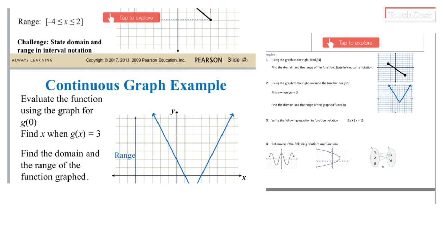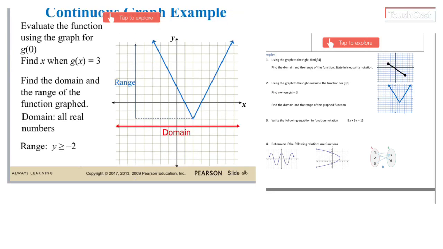So go ahead and try that now. I'm going to scroll up now so that you can check your work. So you should get that the domain, I can plug anything in for x. Notice that if I draw in a vertical line here, eventually this graph is going to intersect it.